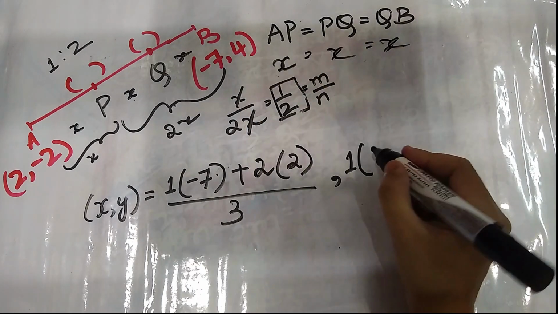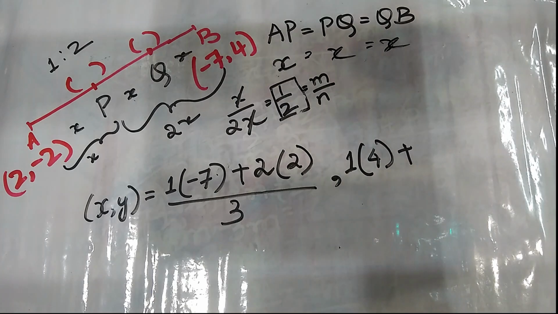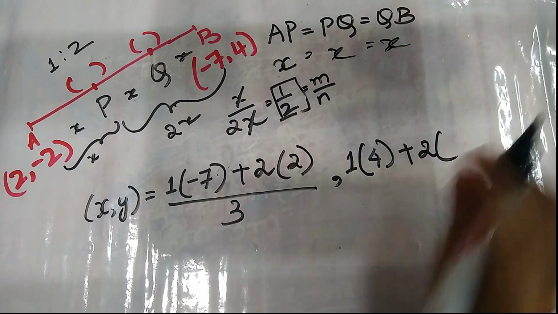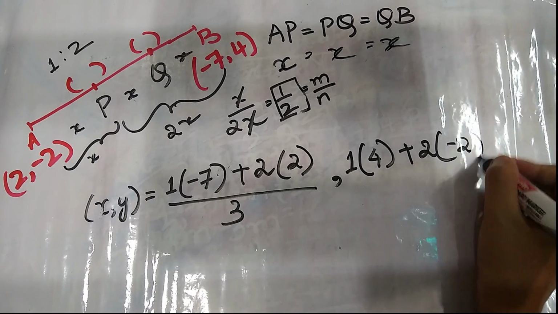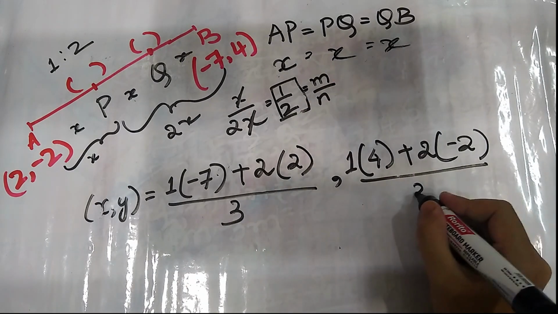So y2 is 4, plus n, which is 2, into y1, which is minus 2, divided by m plus n, 3.